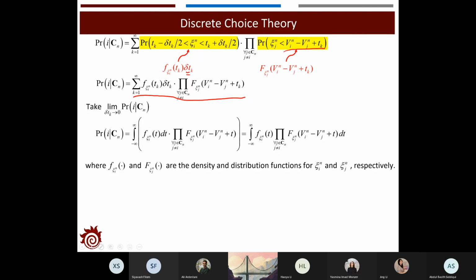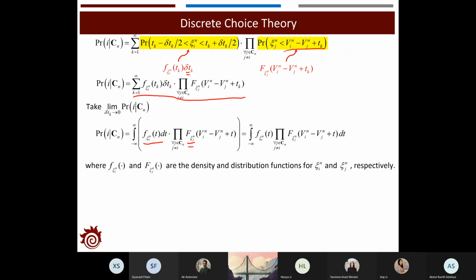So that would be the integral of f epsilon i t. This is the probability distribution function for the epsilon i, and the capital F epsilon j shows the cumulative distribution for the epsilon j.